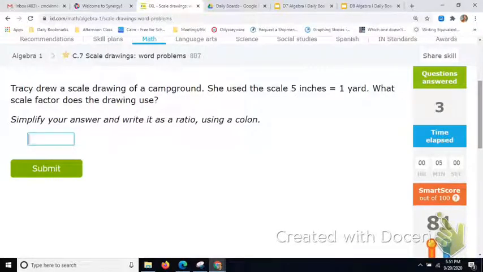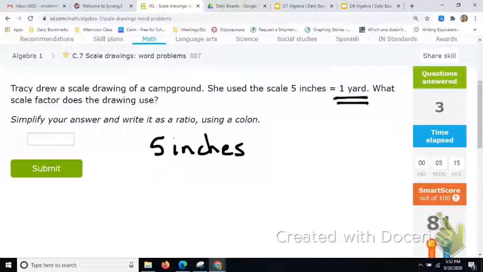So here, oh, well, apparently you won't have to worry about this because this is at 81. But this is wanting to know what scale factor does it use. So if 5 inches is 1 yard, to find scale factor, we would need to change them into the same unit. So 1 yard is 36 inches.